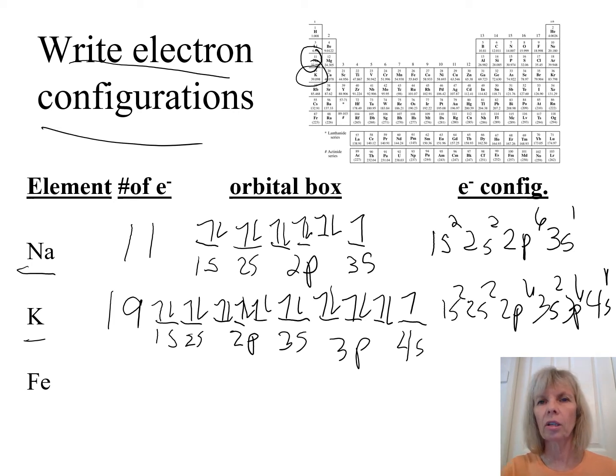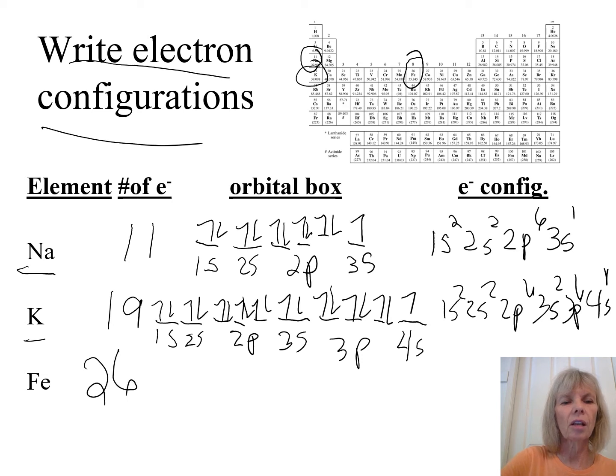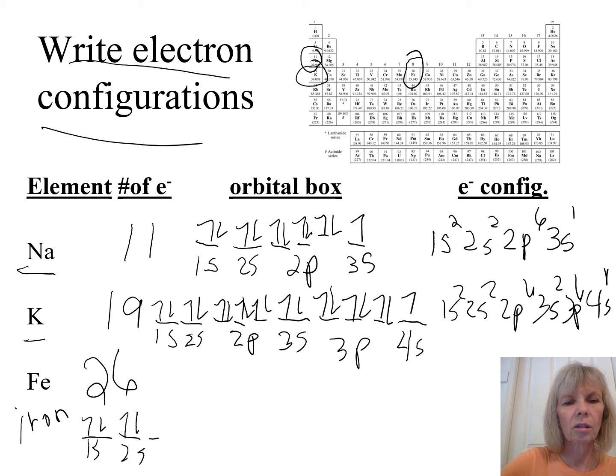Now, iron in our periodic table is one of our transition metals. It's in the center there. It has 26 electrons. Fe is iron. So same thing, we're going to go through and do our order. I'm going to try to write down here so I have more space. 1s with 2 electrons, 2s, 2p, which has 6 electrons.